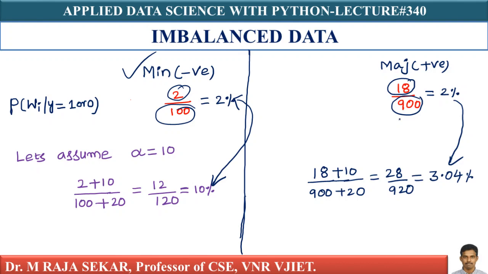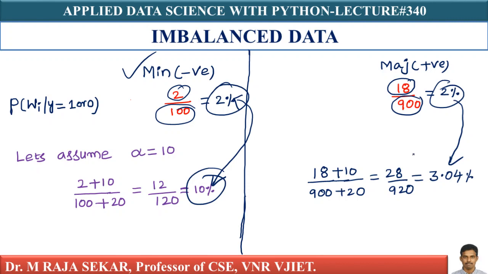So in the minority class, my 2% becomes 10%. This is very important. My 2% got changed to 10%, a huge difference, while here just 2% is converted into 3.04%.